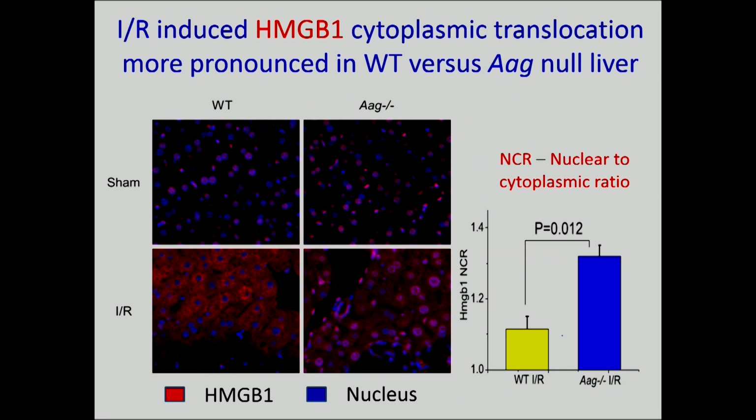And so if we look at HMGB1 in the wild-type animals that can do repair, you can see dissemination of HMGB1 in red. And in the repair deficient animals, that stimulation of HMGB1 being translocated just doesn't happen. And this is the quantitation here.